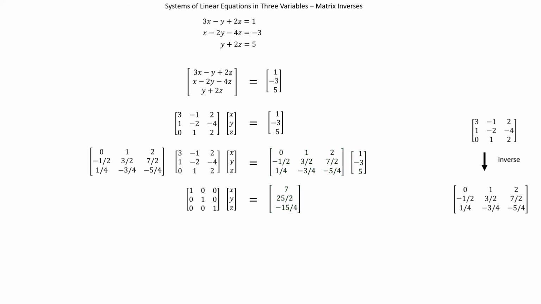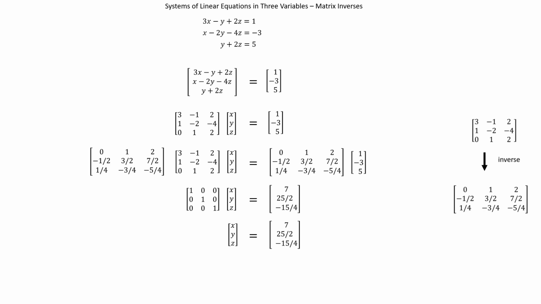So at this point, we've now gotten this equation down to a point where if I could work out the left side, I would have solved for x, y, and z. But as you may know about multiplication by the identity matrix, it doesn't change anything. In other words, the identity matrix times anything is that matrix itself.